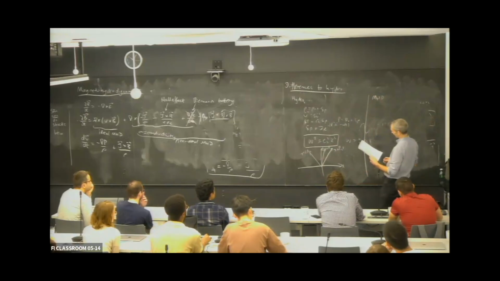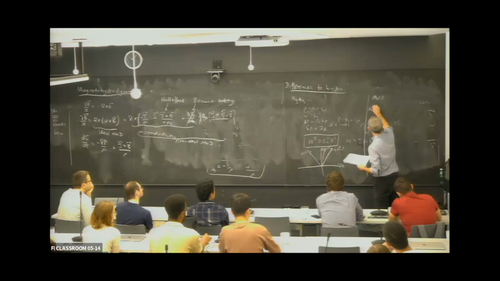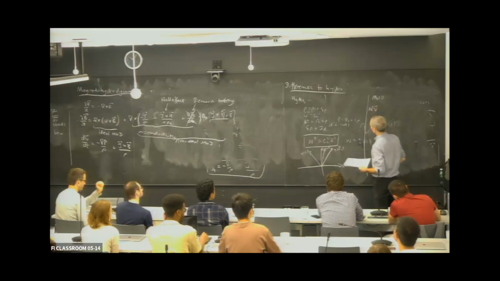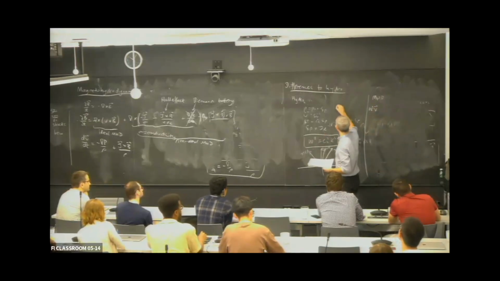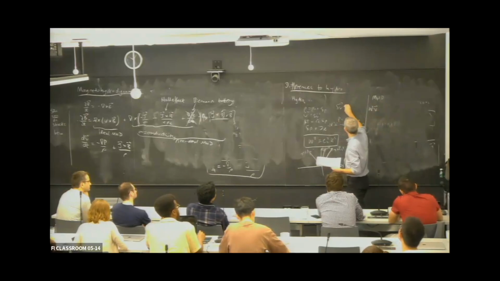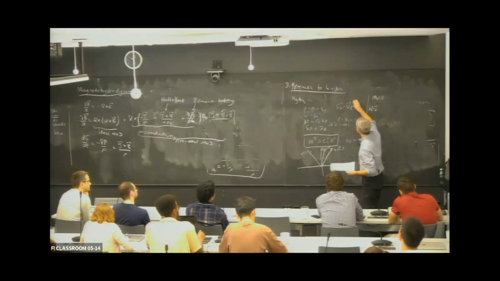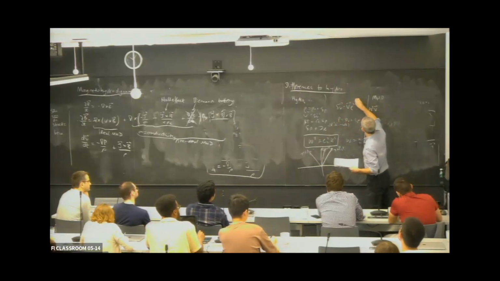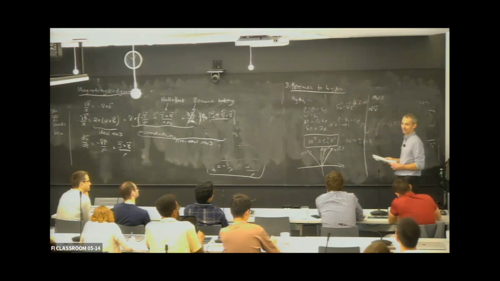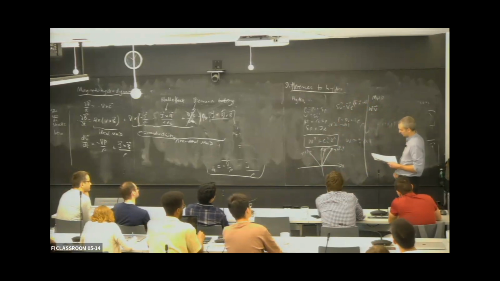I'm not going to have space on the board. So what's V here? V is the amplitude. If I say delta V is some V e to the i(kx minus omega t), I've got the amplitude of my velocity perturbation. Then I get something like this.